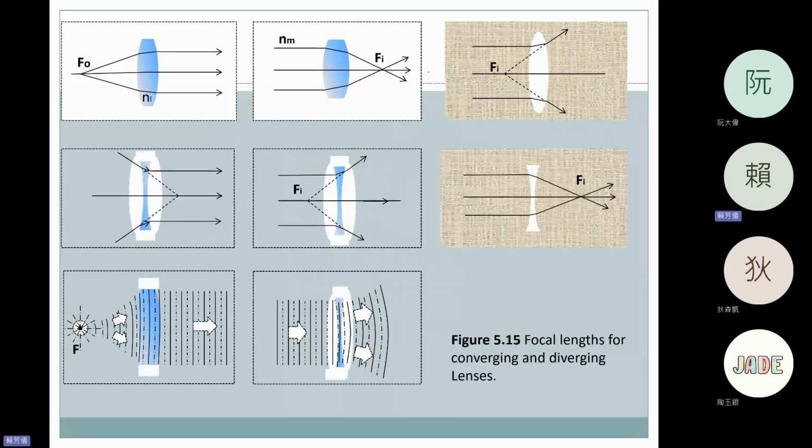So in this picture, for the lens with NL larger than NM, it is a convergent lens. But for the same shape of lens, if NM is larger than NL, it will become a divergent one. It is also the same with this kind of convergent lens.